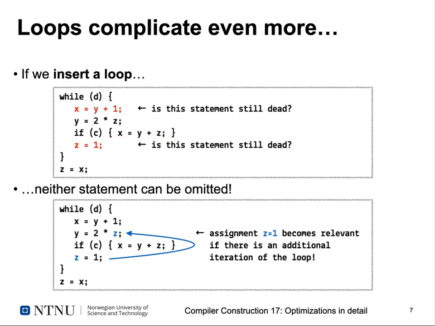So this value of z is no longer dead because in any case it propagates back to a following loop iteration here. So as you see, an analysis gets more complicated the more ways you have to actually execute passes through your program.